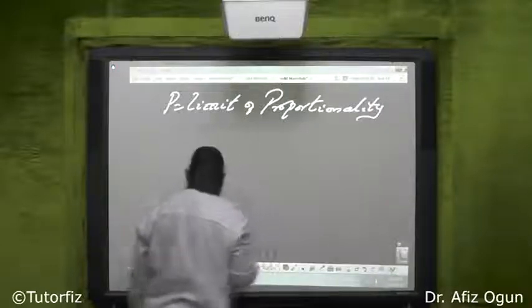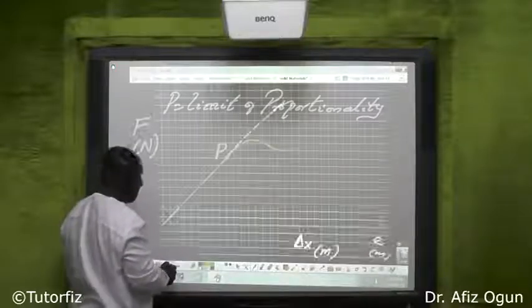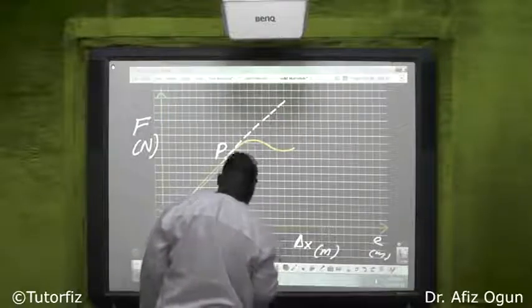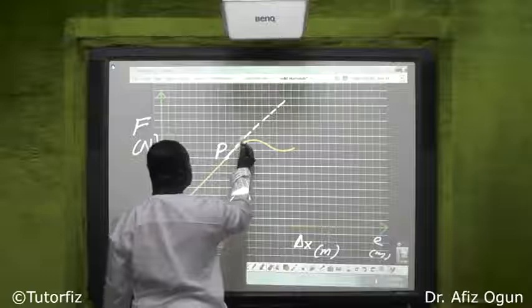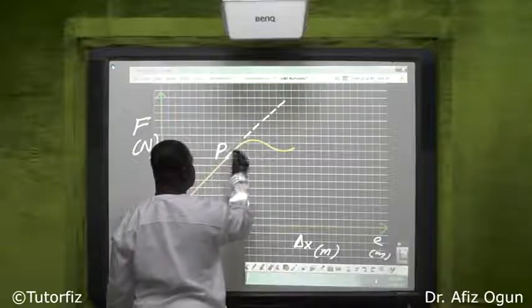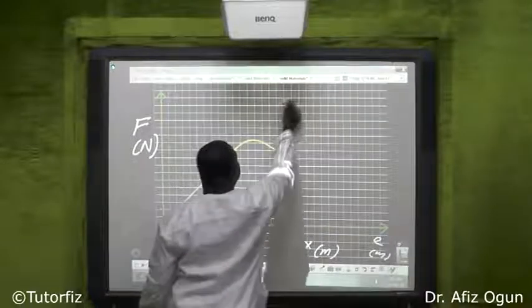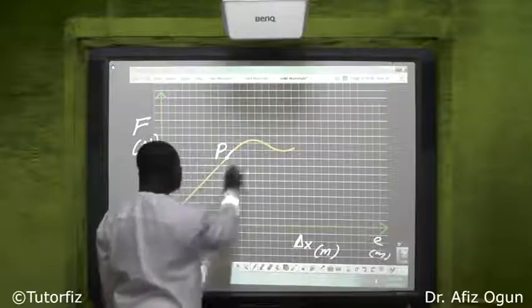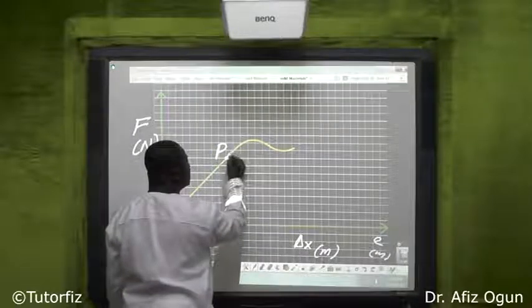Yes, it is no longer proportional. However, it is still elastic.